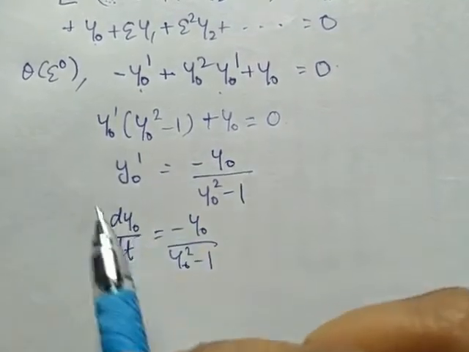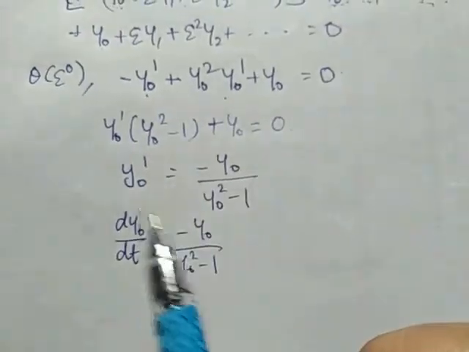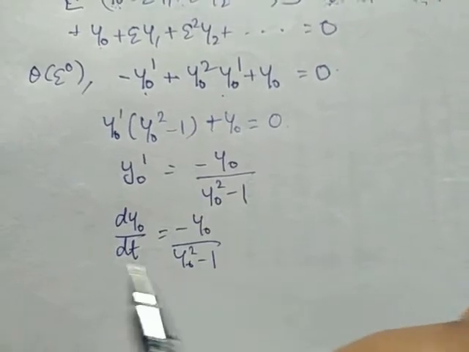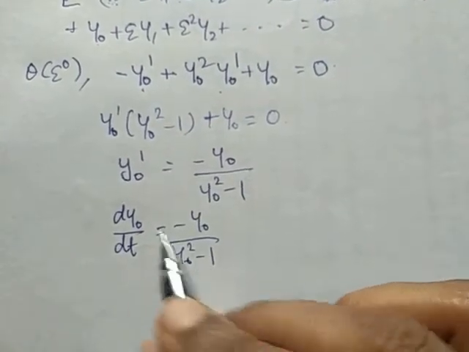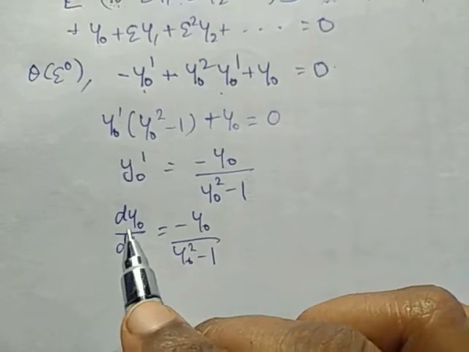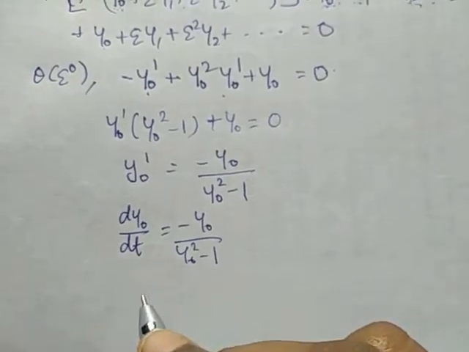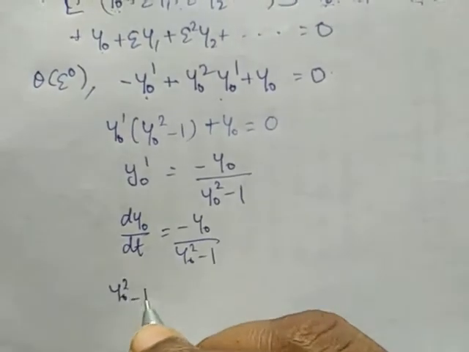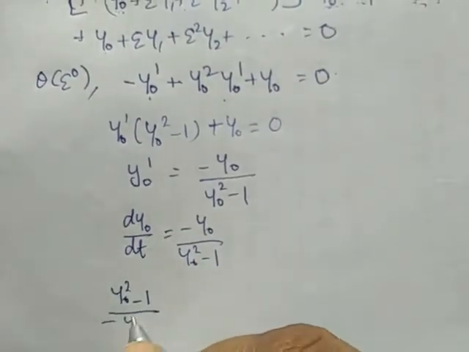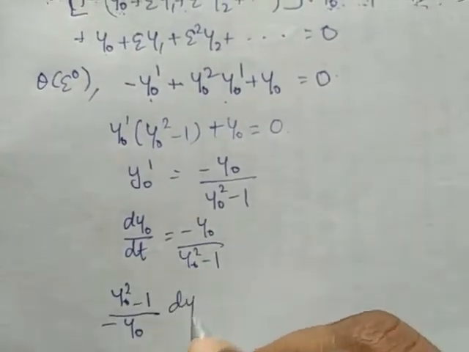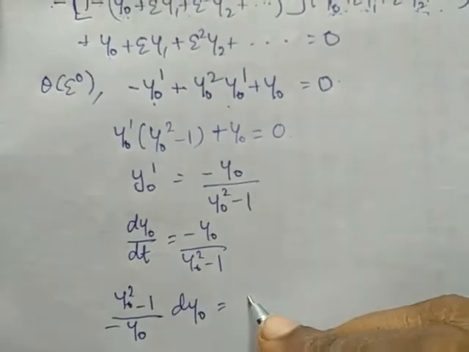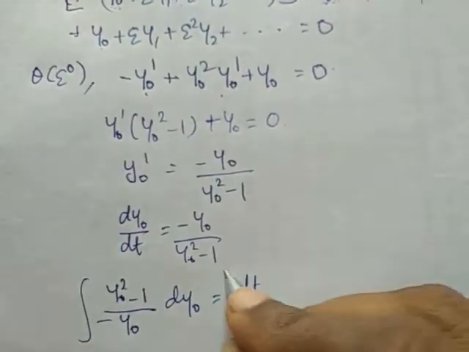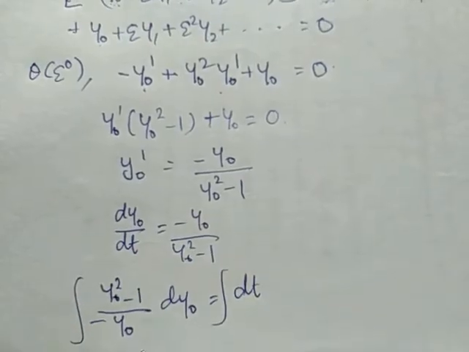In this problem, we are not going to find complementary function as the solution. We can solve directly. Now we are going to group all the y naught terms and dt terms. So we will get y naught square minus 1 divided by minus y naught into dy naught is equal to dt. When we integrate this, we will get the value of y naught.